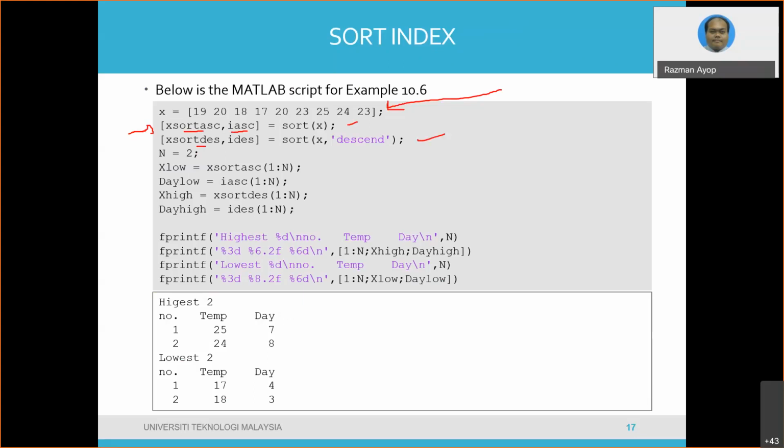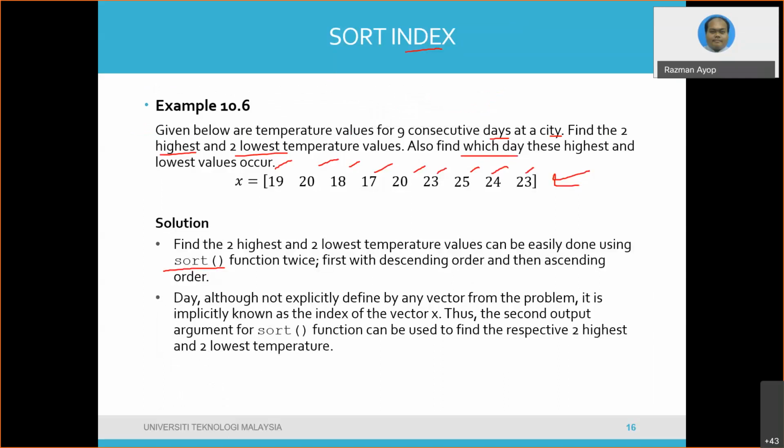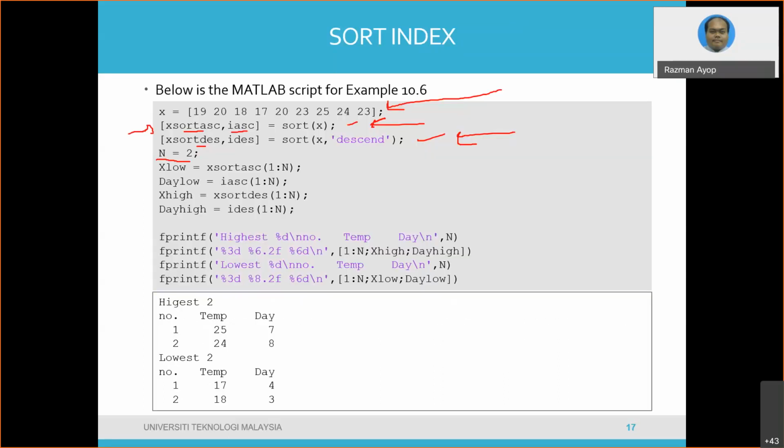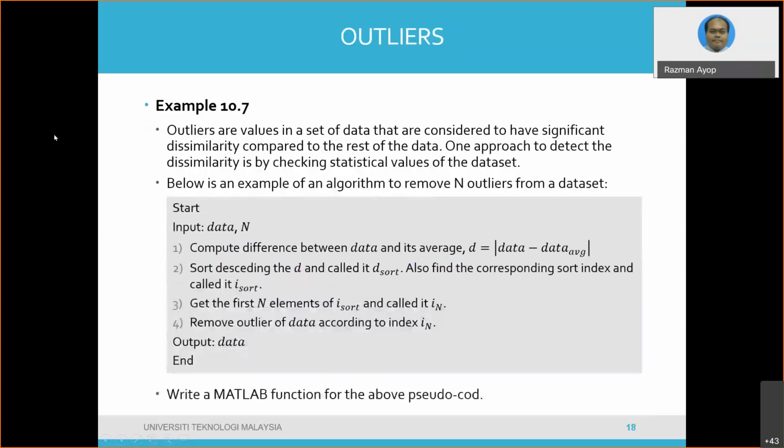This one you want to find the lowest data, and this one you want to find the highest data. N is the number of data. Because the question asks you to find two highest and two lowest, that's why you put 2. Let me show you in MATLAB, much more clear.